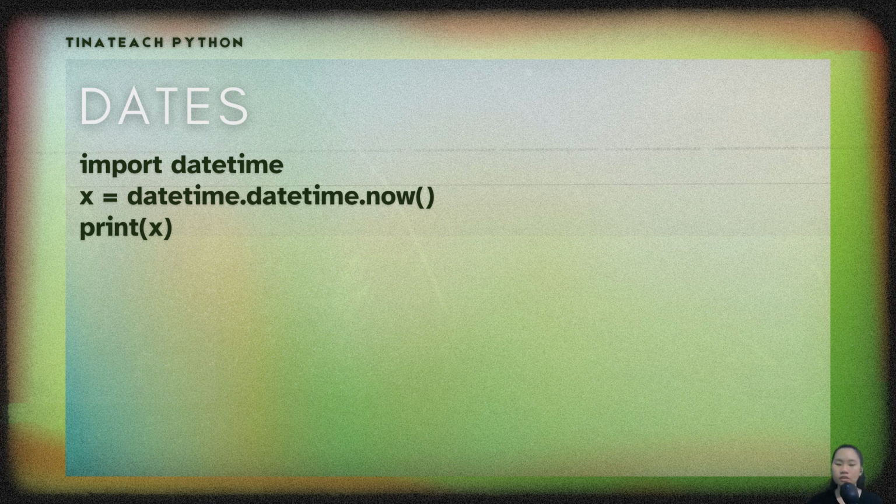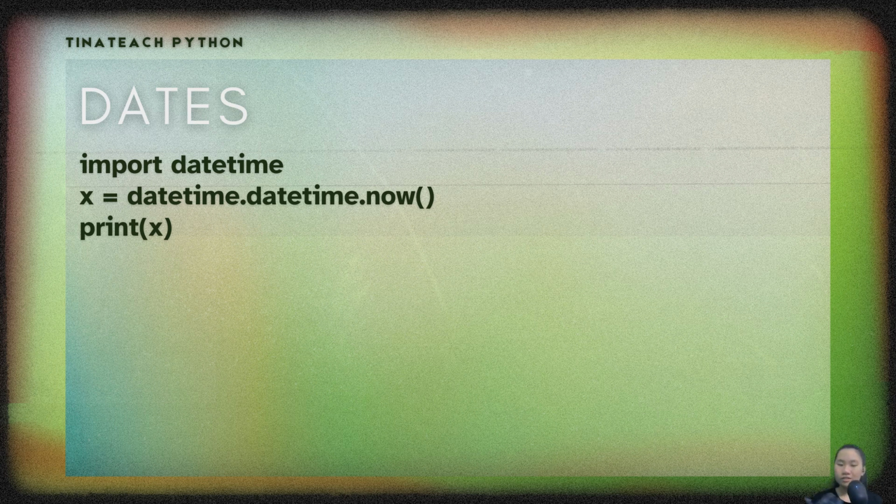So first step, obviously, the import keyword, import datetime, and you assign the output of a datetime logic to a variable. So you can simply print out that variable. Obviously, you can put this inside of the brackets for the print statement, but by assigning it to a variable, you make the work a little bit easier, and you can modify the variable very simply, and you can use the variable in different scope, right?